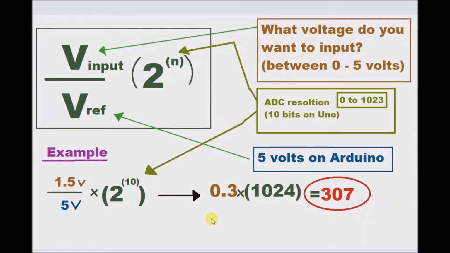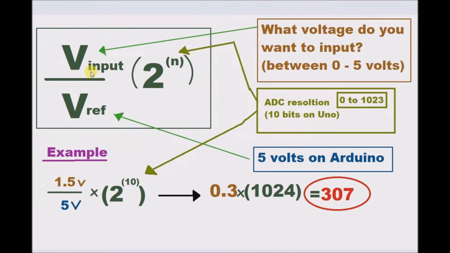Alright, so this is a math formula for determining a voltage input value in terms of the resolution value. And here is the formula, and I've already calculated some values in here to get a result. So I'll start with the formula. So here's an input value.